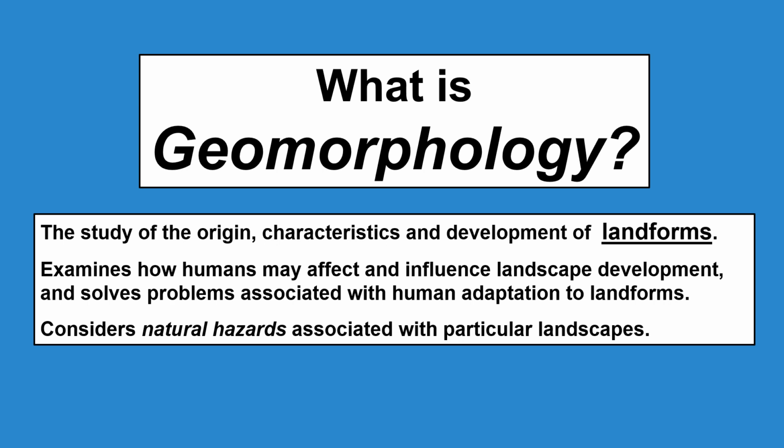A big part of geomorphology considers natural hazards and how we deal with them, how we plan around things like earthquakes and river flooding and rivers changing direction and so forth. This very important subfield of geography and geology is termed geomorphology. Geo meaning earth and morphology meaning shape. So how did the landforms get their shape?